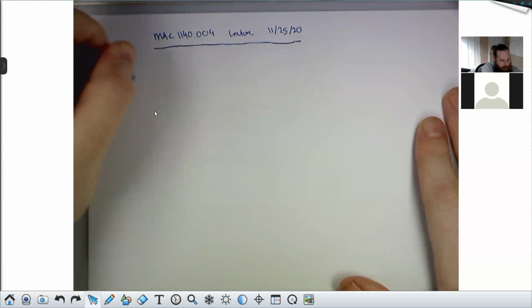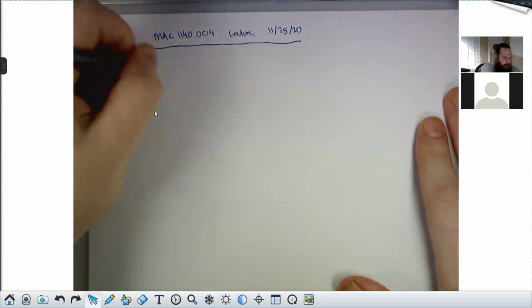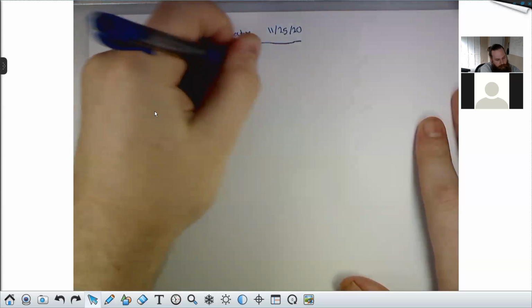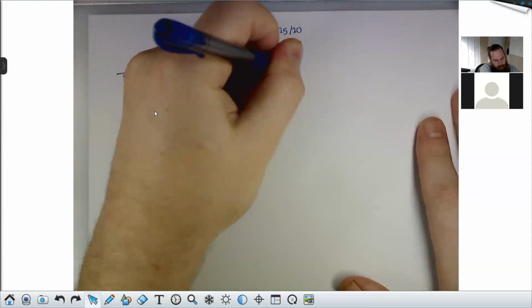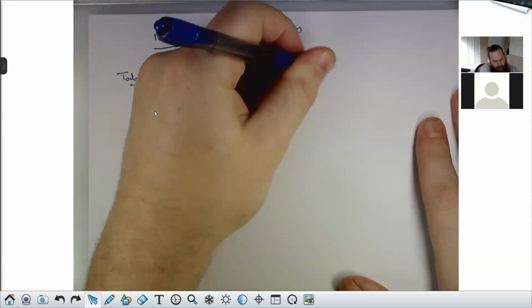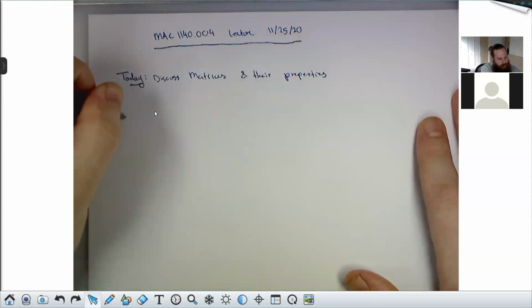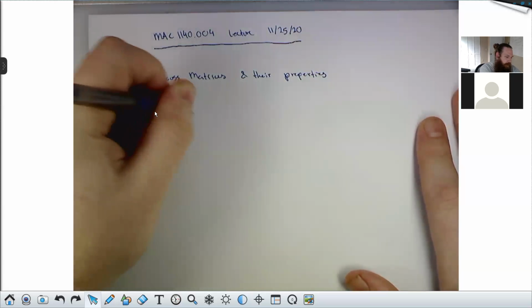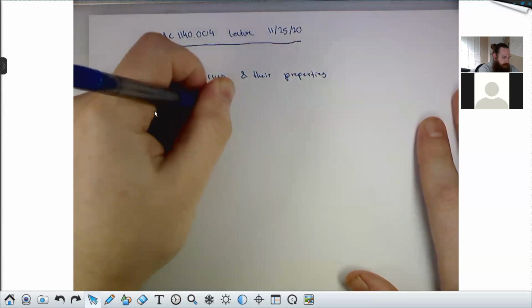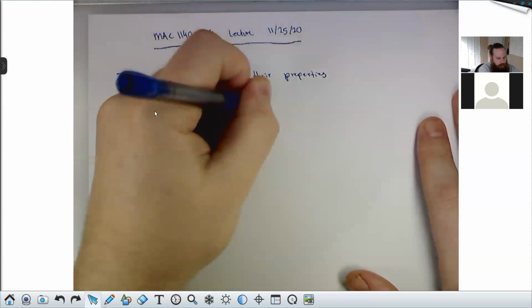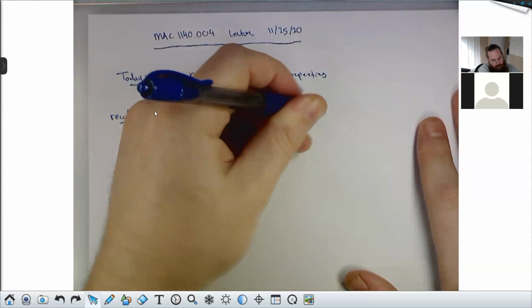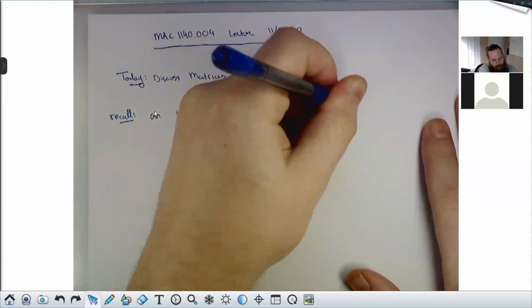Today we're going to discuss matrices and their properties. So I'll say, recall that an m by n matrix is a rectangular array of numbers.